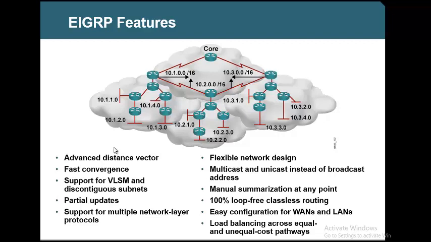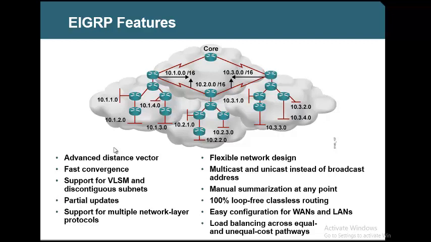EIGRP maintains backup route, not just the primary route. So when the primary route goes down, immediately it brings the backup route after throwing the primary route. As a result, the packet that was forwarded using the old route now is forwarded using the new route.